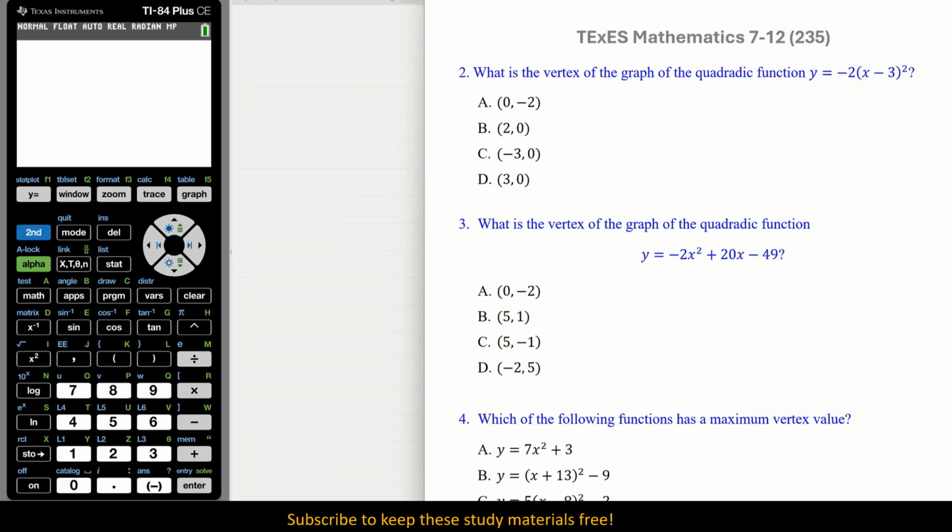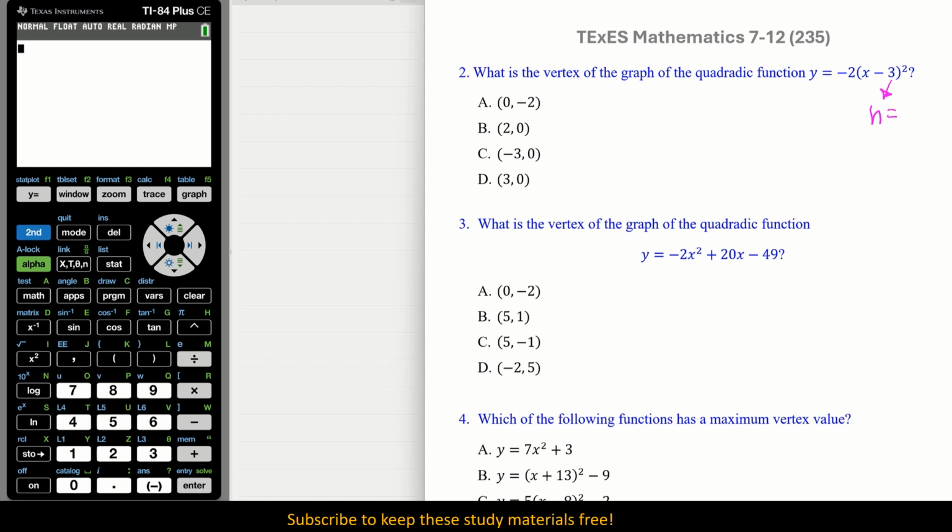Number 2, what is the vertex of the graph of the quadratic function y equals -2 parentheses x minus 3 close parentheses squared? First off, if you remember our forms of the quadratics, we know this will be our h.